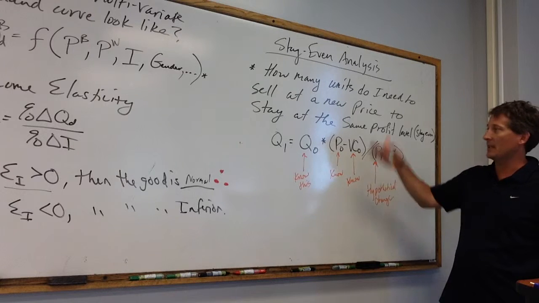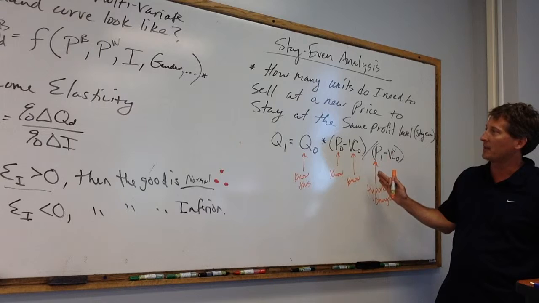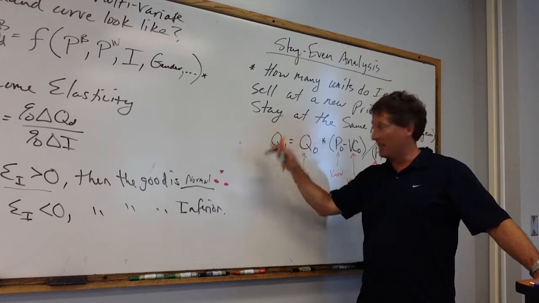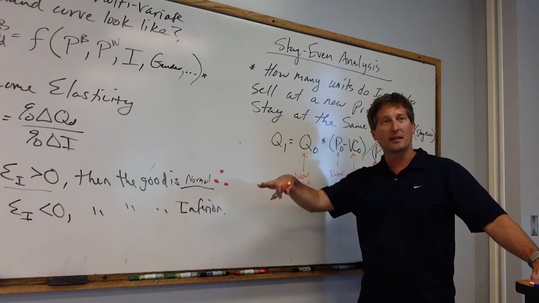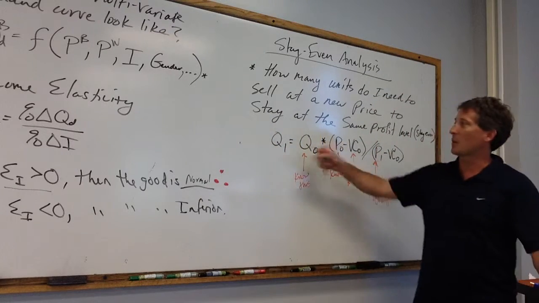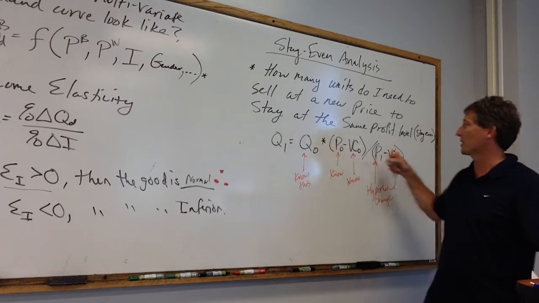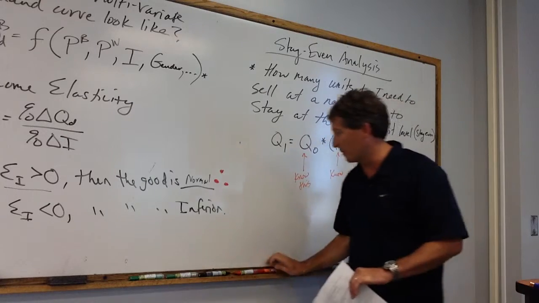So if the new price is higher, the quantity demanded is going to fall. If we're raising the price, the quantity demanded is going to fall. What quantity would need to occur to stay even? So this isn't the quantity that we may get, but rather it's the quantity that keeps us even. Okay, that's a little bit slippery.